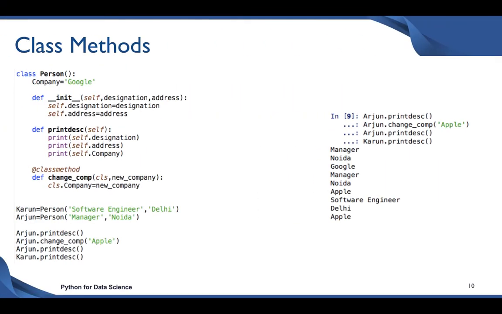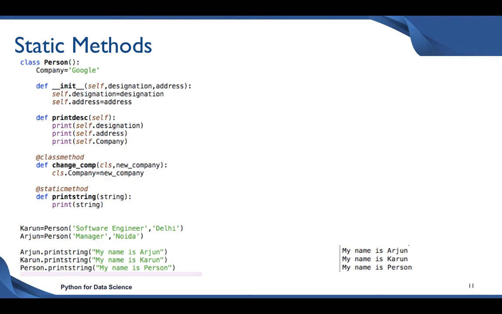Class method will only access the class variables. Okay, then what are static methods? Static methods are neither your instance methods nor your class methods. So they do not contain either cls or self. They are basically your simple methods.